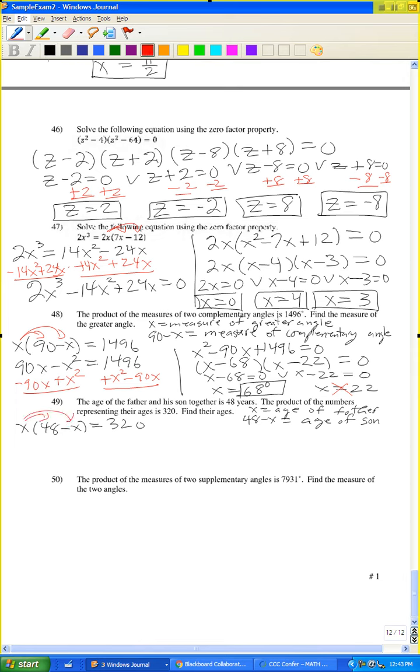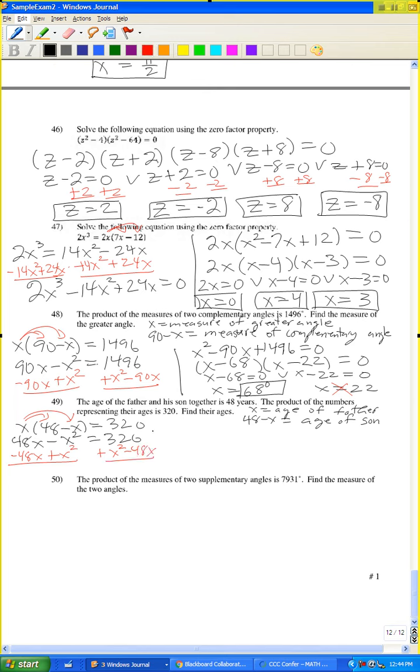So by distributive property, we get 48X minus X squared is 320. Subtract 48X, add X squared to both sides of the equation.